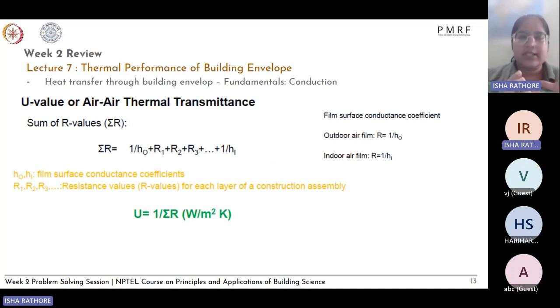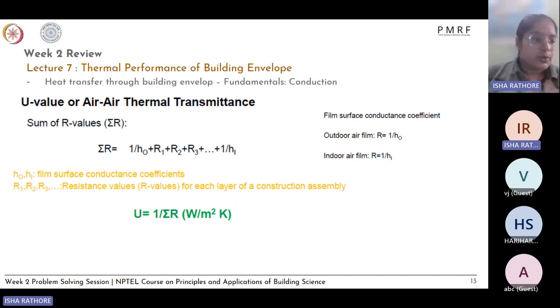So 1 by H naught is outside air film, R1 is resistance of layer 1, R2 is resistance of layer 2, and so on, as many layers as you have for your envelope, plus 1 by Hi, which is your indoor air film coefficient. And then U or thermal transmittance is nothing but 1 by delta R. And the unit for U value is watt per meter square Kelvin. So this is the fundamental indicator which is used for measuring and assessing the thermal performance of building envelopes.